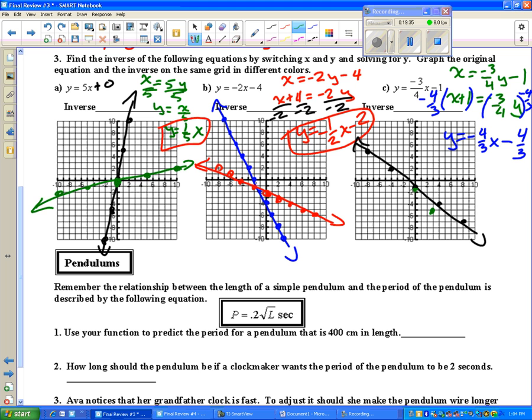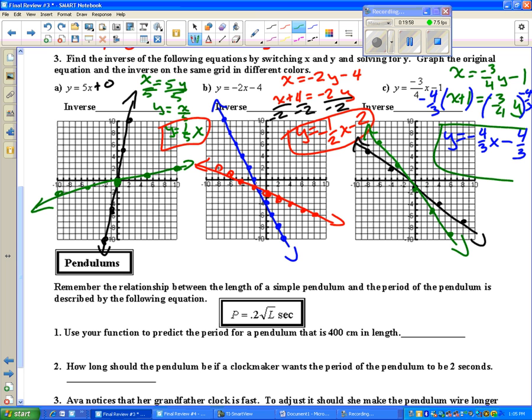So that's a little lower down. Or I can go up 4, left 3, up 4, left 3, and there's my inverse. And there's my inverse equation.